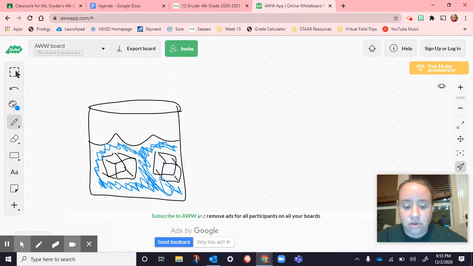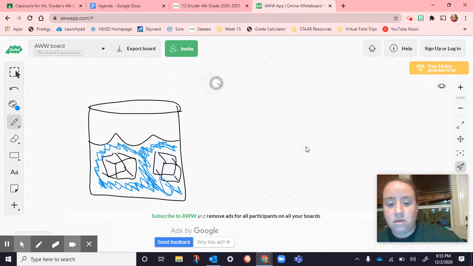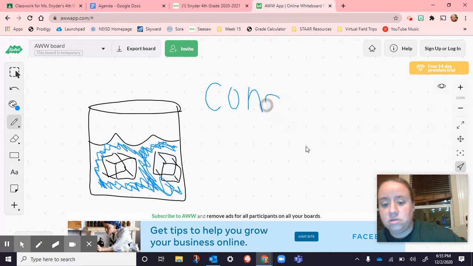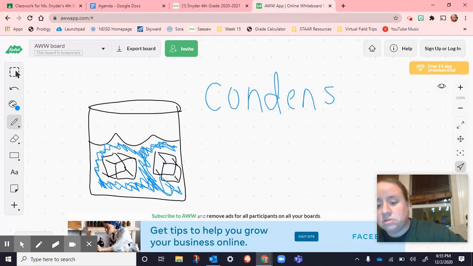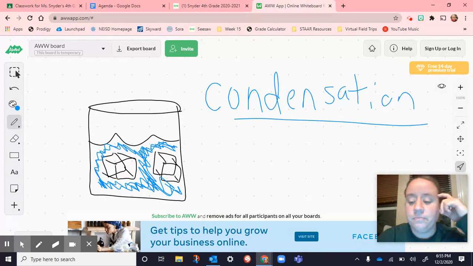We've got the ice in here, so the water in here and everything, the cup is really cold. So when it hits that coldness, it condenses, and that's when you get that forming, it's called condensation. So condensation forming on the outside of your cup.